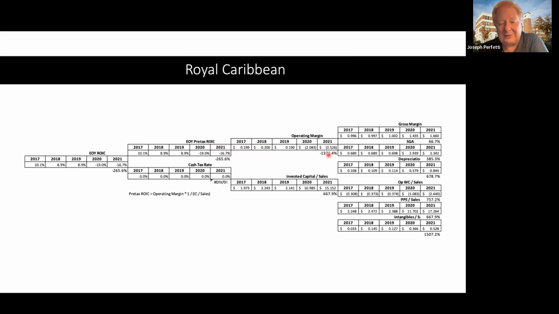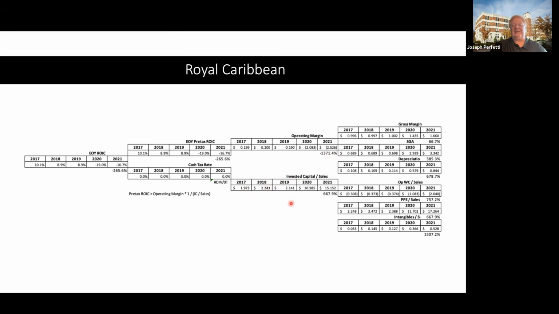And that really hurt them. At the same time, from a productivity standpoint, pre-pandemic, they were spending about $2 of invested capital to generate $1 of sales. 2017, it was $1.97. 2018, it was $2.24. By 2021, they're spending $15 of invested capital to generate $1 of sales.